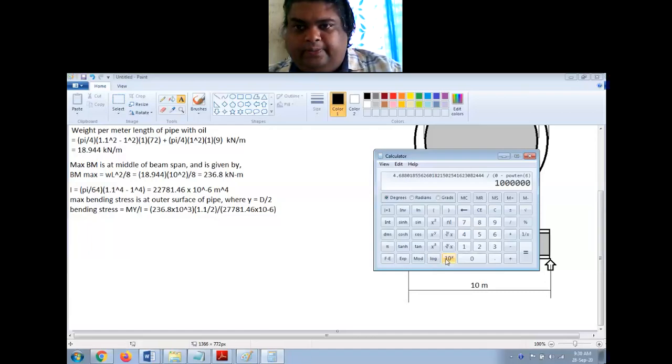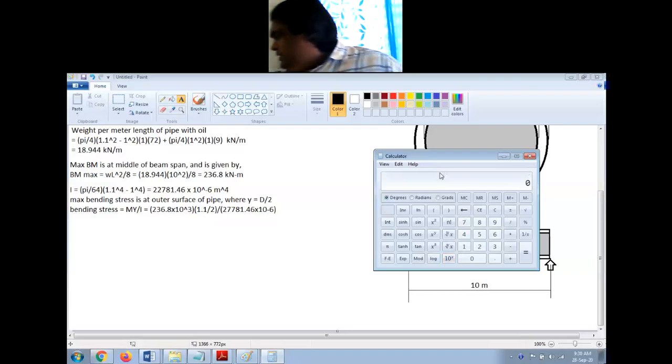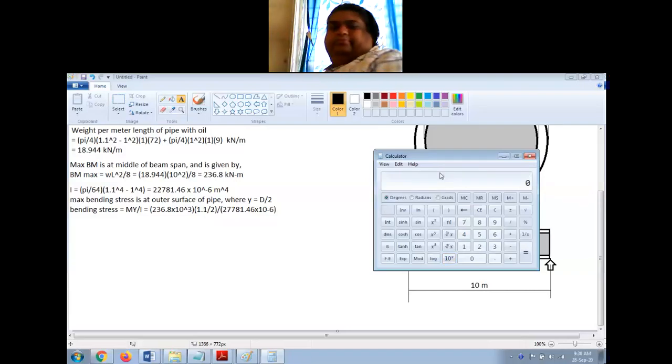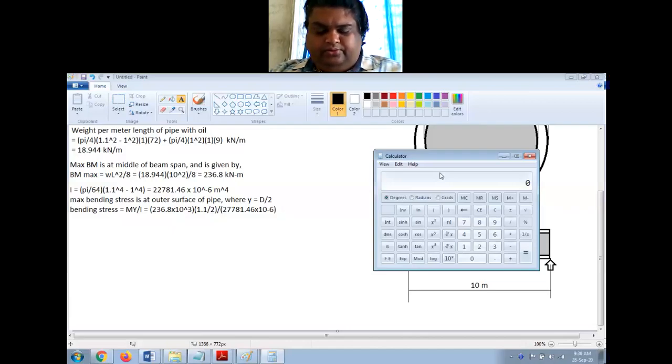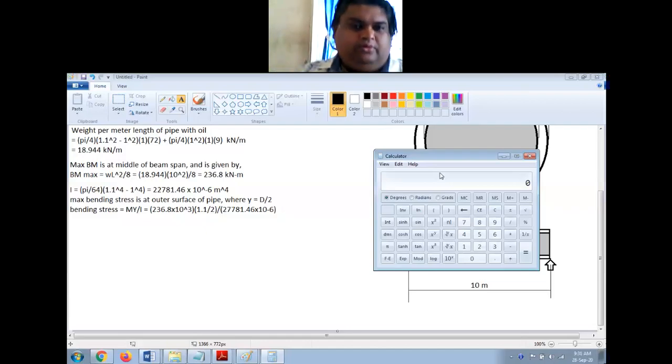Just calculating on my calculator. It is 236.8 kilo into 1.1 by 2, divided by 27781.46 exponential minus 6. So it's 10 to the power minus 6 now.